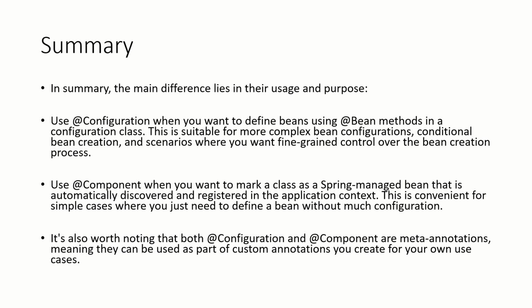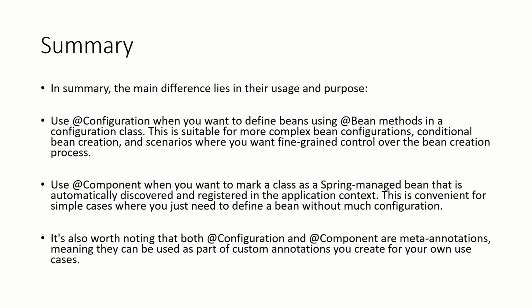Now, where is the use of the @Component annotation? Use the @Component annotation when you want to mark a class as a Spring managed bean that is automatically discovered and registered in the application context. Okay, so this is a very simple way of creating beans and managing them, because it is automatically done by Spring itself. This is convenient for simple cases where you just need to define a bean without much configuration.